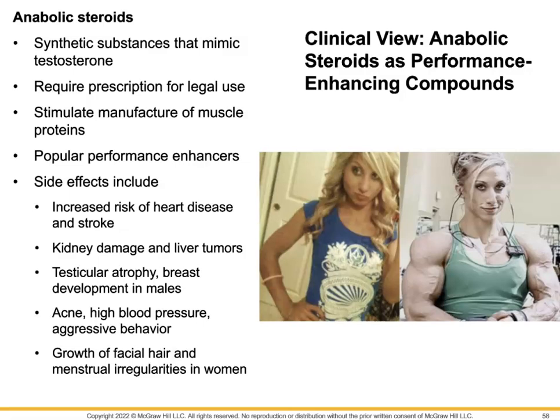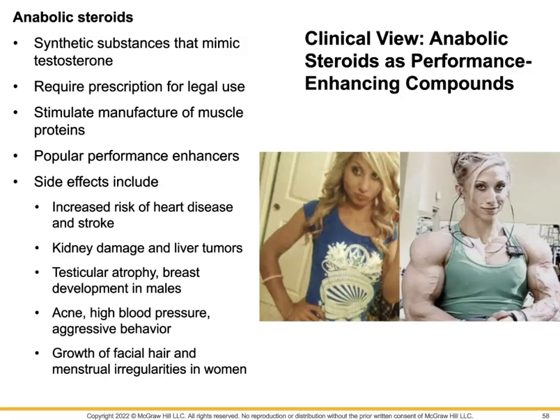Well, increased risk of cardiovascular disease and stroke, kidney damage, tumors in the liver, testicular atrophy, which means shrinkage, breast development in males. So your testes shrink and you develop more feminine breast. Bet you didn't think about that, huh?